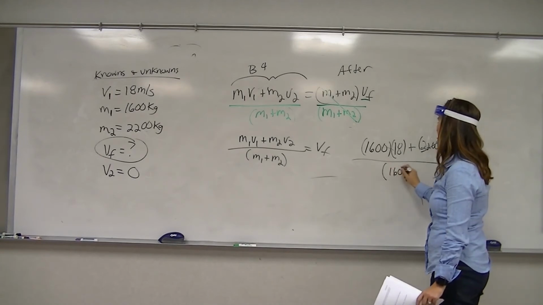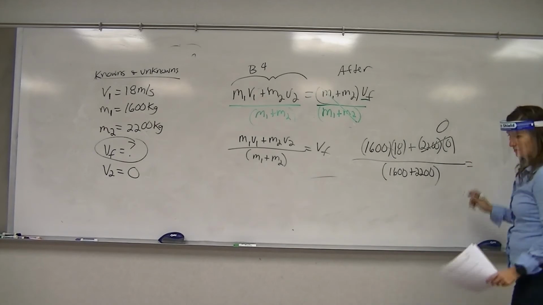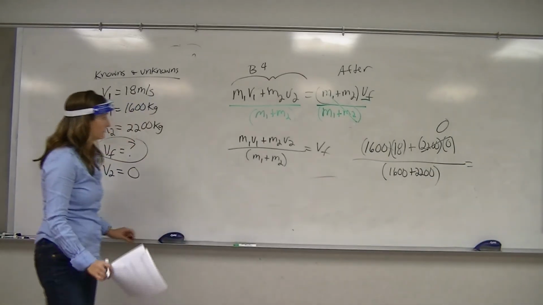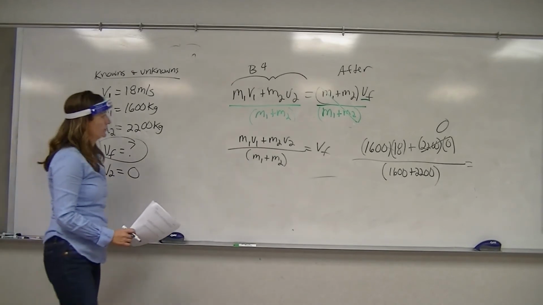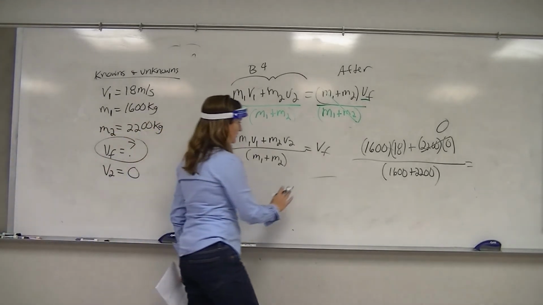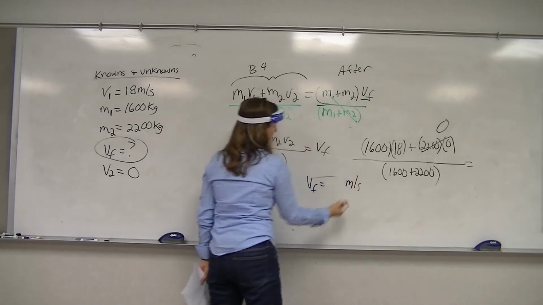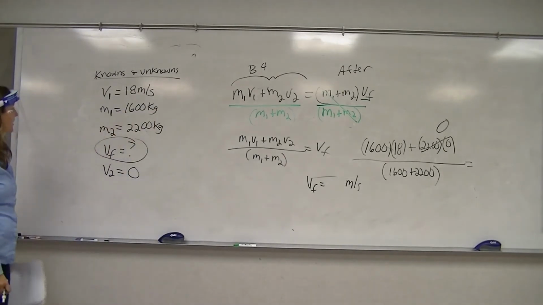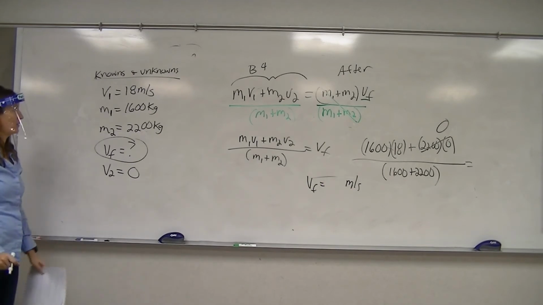So 1,600 plus 2,200. And we are looking at 2 sig figs. So my final velocity in meters per second should be less than 18. Once that car hits the truck, it's going to slow down.